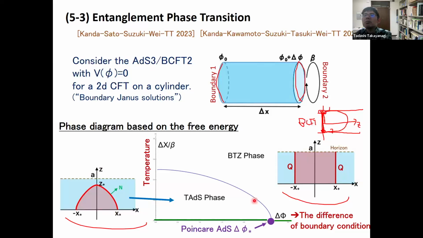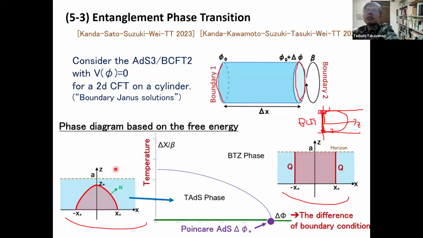And here, the geometry becomes just Poincare AdS. This inside region looks like Poincare, connected. And beyond that, even if the temperature is 0, we need to choose this BTZ phase, so that there is a horizon and a disconnected end-of-the-world brane.